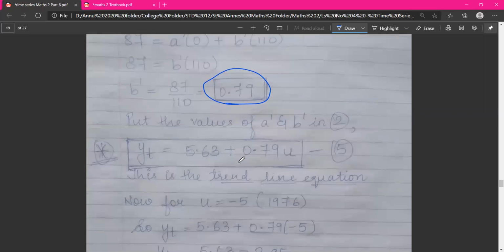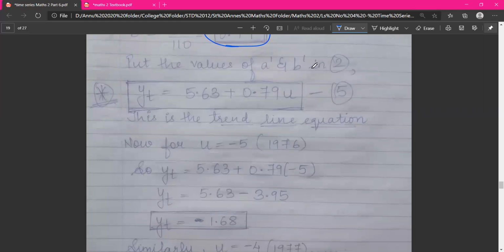Now, once you get the values of A dash and B dash, you will substitute both the values in the main trend line equation. So the trend line equation becomes YT is equal to 5.63 plus 0.79 U. And this is the 5th equation, the most important equation and the answer of our question.